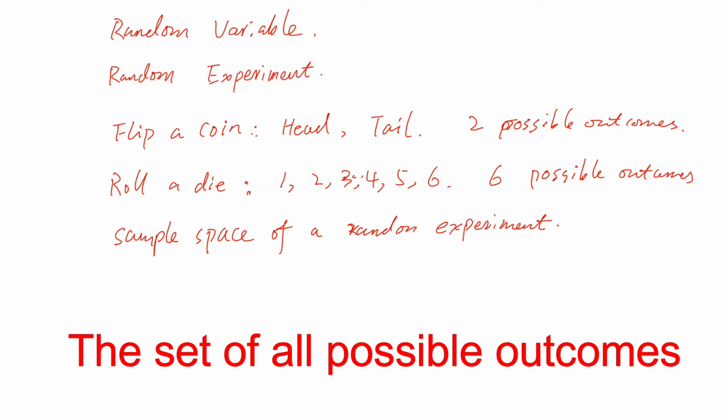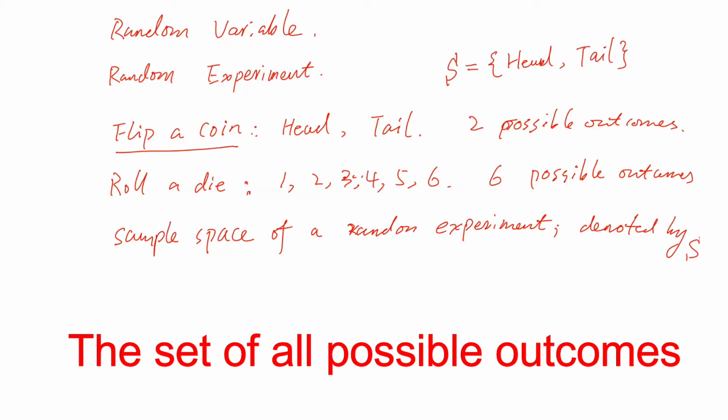Then, for instance, if we flip a coin for this example, the sample space is usually denoted by the capital letter S. All right, for flip a coin, the sample space is simply S equals the set of head and tail.